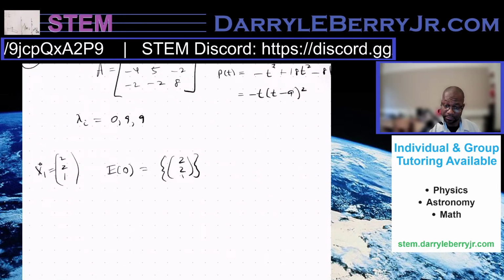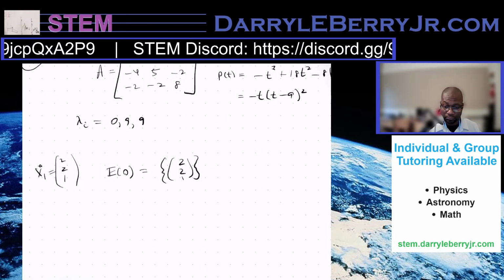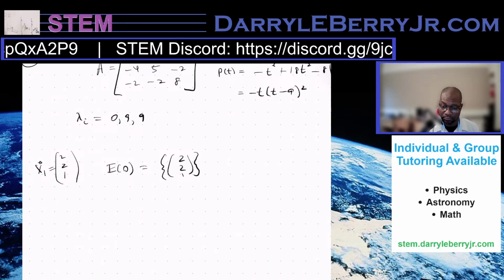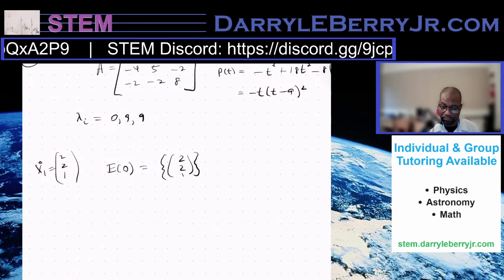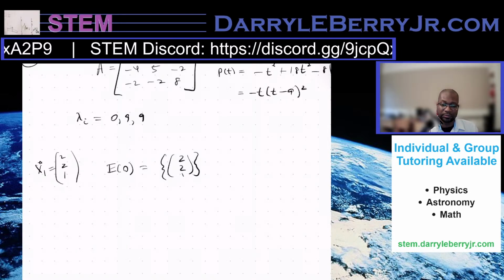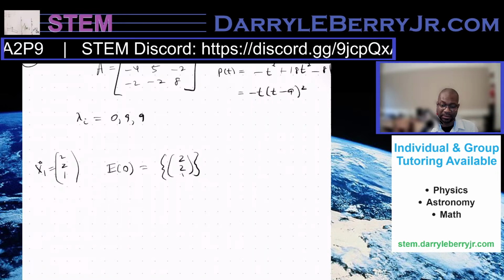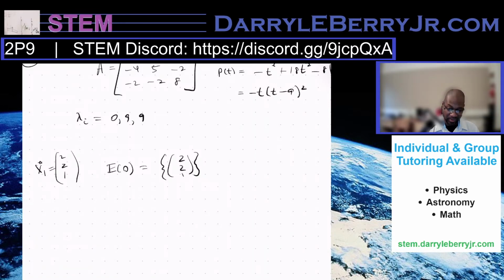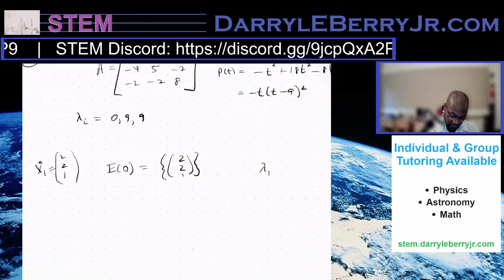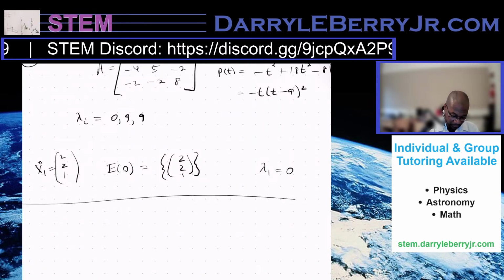Then E9. So the book says A minus 9I. So using lambda equals 0, we get that.